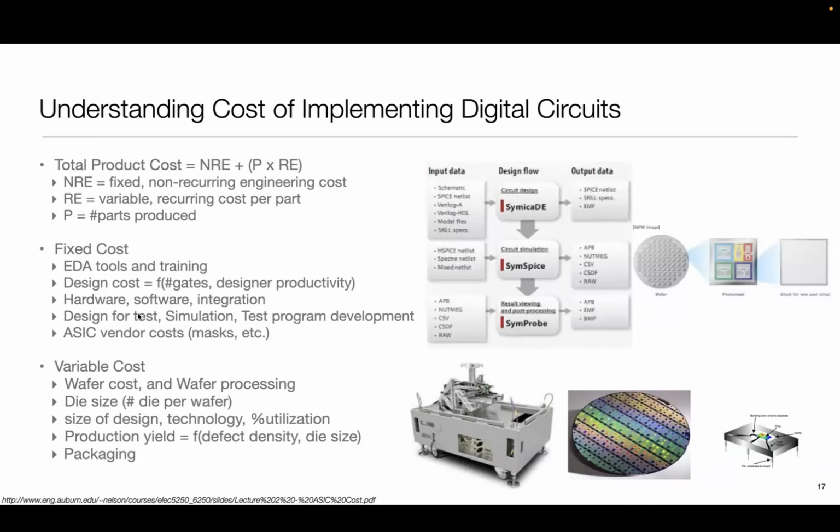Designing the test routines, and also chips are made by, so to say, writing on silicon, and that is done using a photolithographic process. Essentially, we create masks and then shine ultraviolet light, and that results in exposure of the silicon, and that's how the transistors are, quote, drawn onto silicon. And it's a super expensive thing.